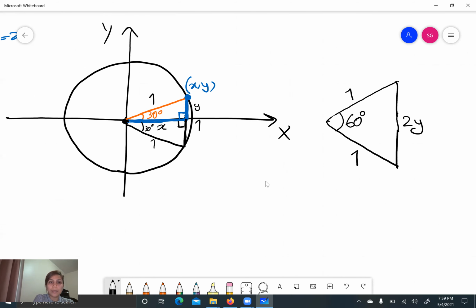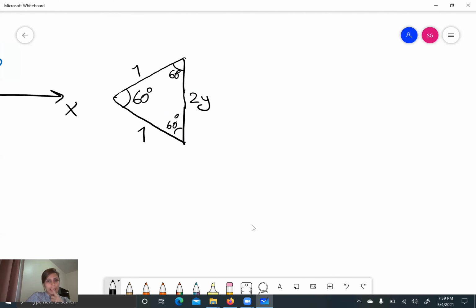And by the way, this is also 60, because the top part is a right triangle, where one angle is 90 and the other is 30, so these are also 60. Now recall geometry. We are having a triangle where all the angles are the same.